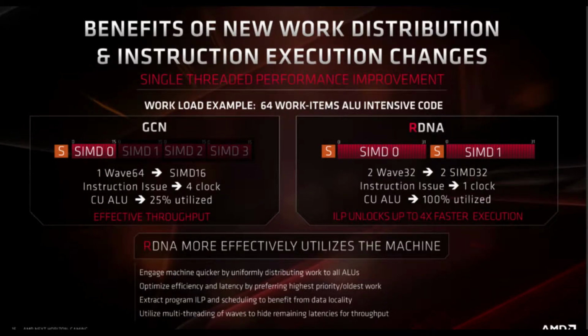With this arrangement, instead of each compute unit executing a single wave64 instruction in 4 clock cycles, it just takes 1 clock cycle to execute 2 wave32 instructions, and 2 compute units can execute a single wave64 instruction in a single cycle. This results in a doubling of IPC when working with wave64 instructions, and a massive quadrupling of IPC, or instructions per cycle, on wave32.